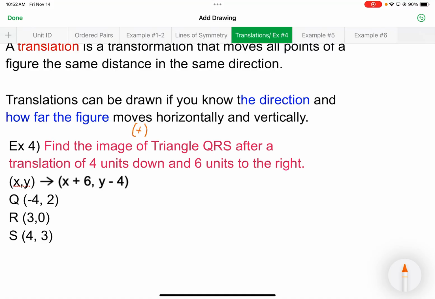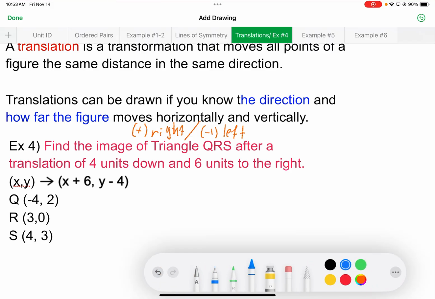If we add a value, to the right. If we subtract a value from our x-coordinate, where are we going? To the left. I would write this down in your notes.